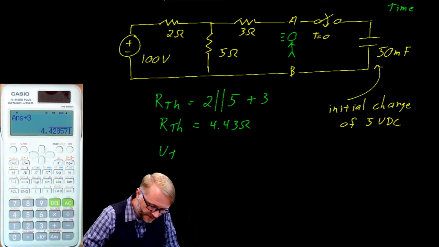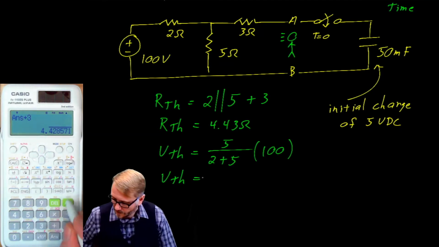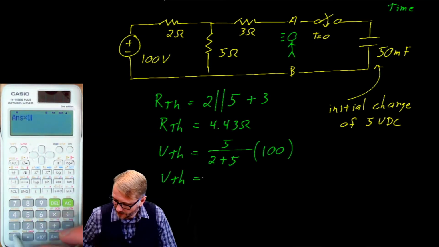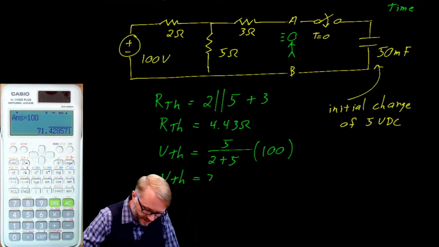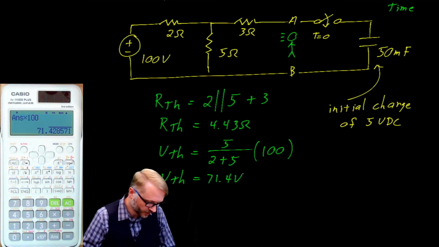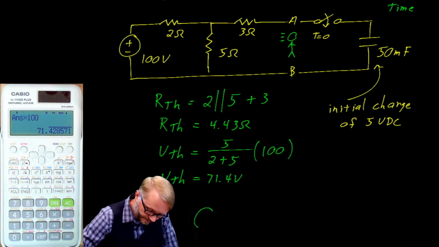The Thévenin voltage is 5 over 2 plus 5, times 100. 5 divided by 7, times 100 equals about 71.4 volts.